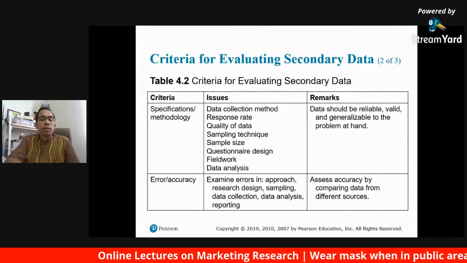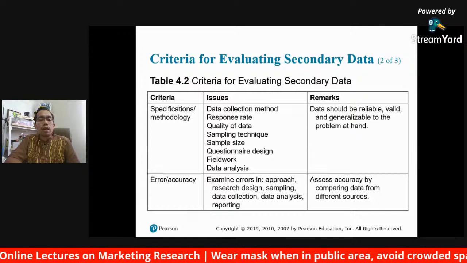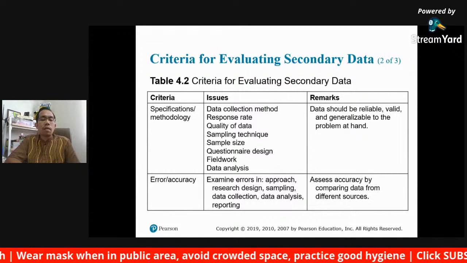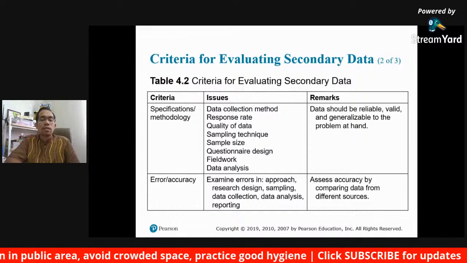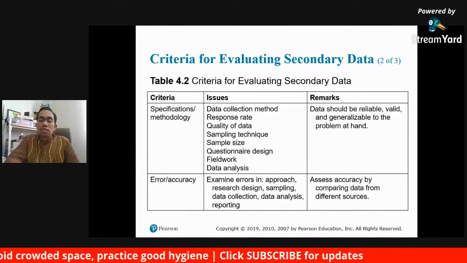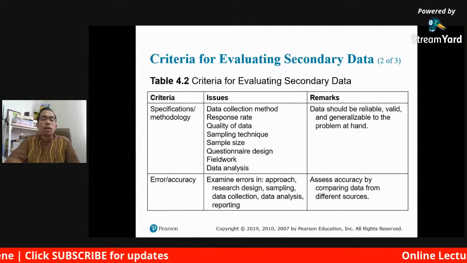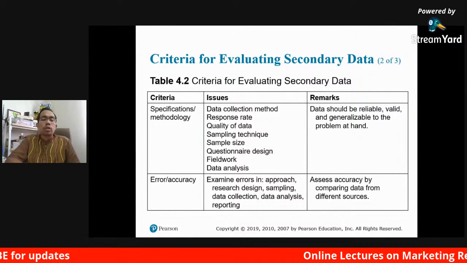Most likely the same as the problem at hand. So error and accuracy, for example, examine errors, approach, research design, sampling, data collection, data analysis, the reporting. How the reporting style is presented might also not suit our current situation.